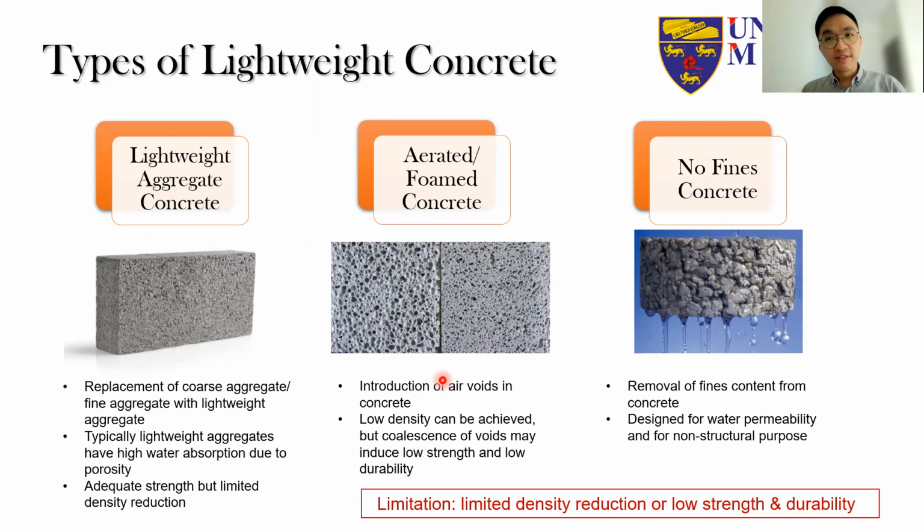But in these cases, when the density is very low, it means that we are putting in high amounts of voids or air bubbles. And this may cause the coalescence of the bubbles or the voids, which in turn may reduce the strength substantially and cause the foam concrete to have low strength and therefore low durability.